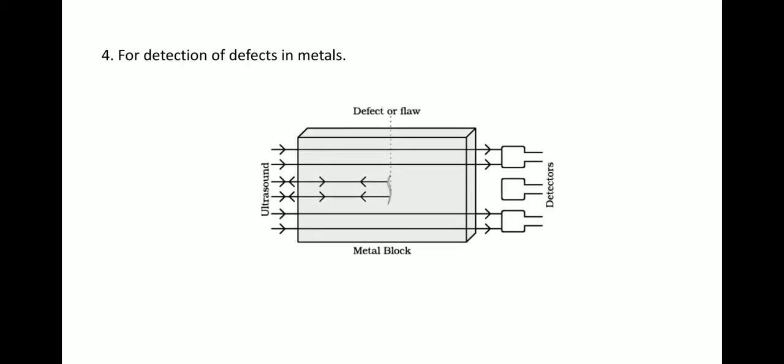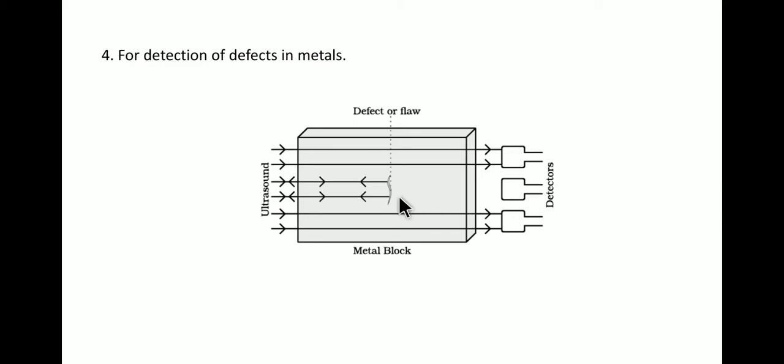Ultrasounds are also used for detecting defects in metals. For detecting the defects, ultrasonic sounds are passed through the metals. Over here you can see the ultrasounds are passed through. When they pass through directly without any disturbance, and the detectors detect these ultrasounds, then we understand that there is no defect or flaw in this metal block.